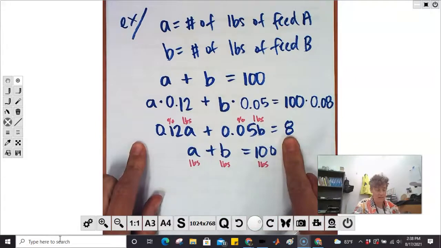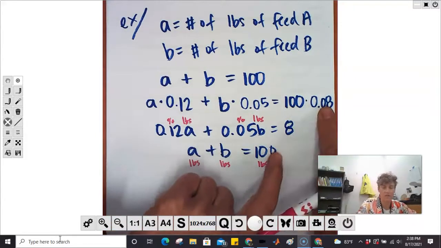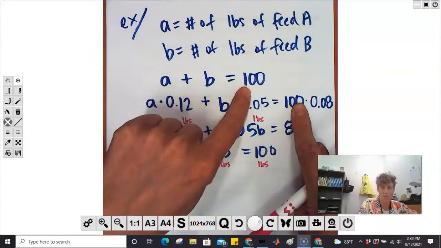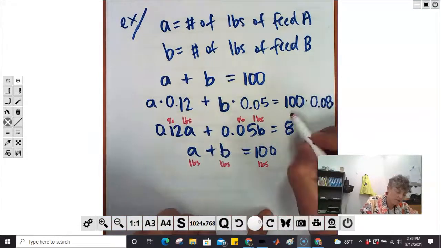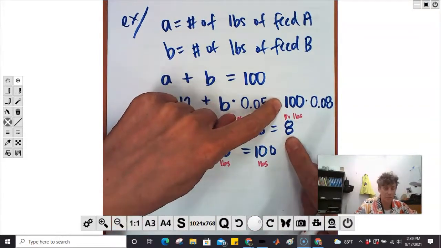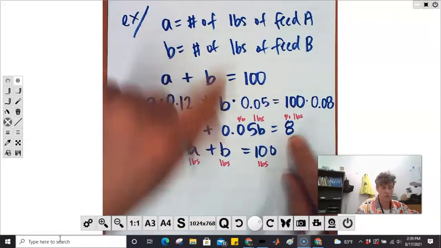And this 8 came from a percent times pounds, right? Our 100 was our total number of pounds. So this is also percent times pounds. That's why we had to make sure we were multiplying by that 100 total pounds.